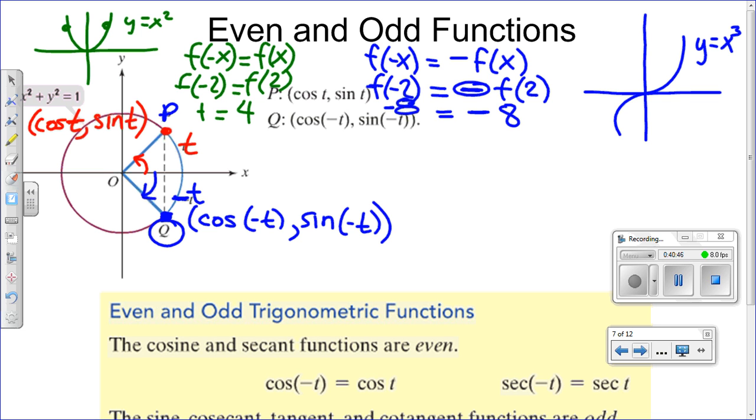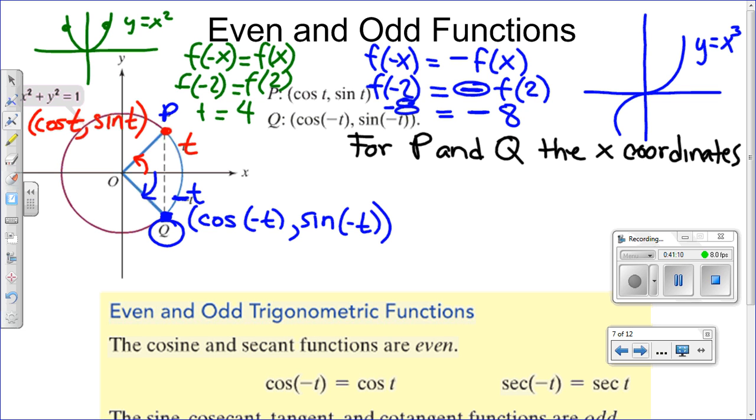Okay, so if you look at both points, what can you tell me about the x coordinates? They're the same. So for P and Q, the x coordinates, they're both positive, and are the same.